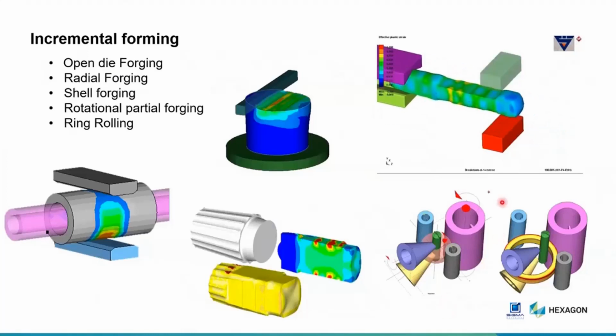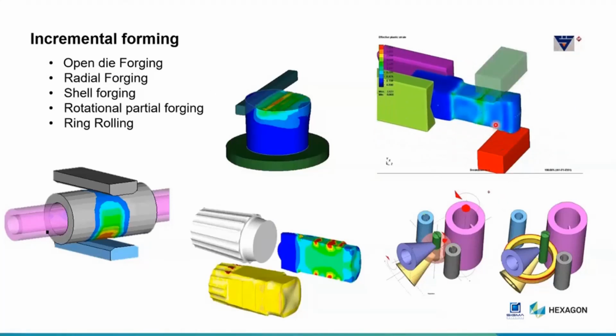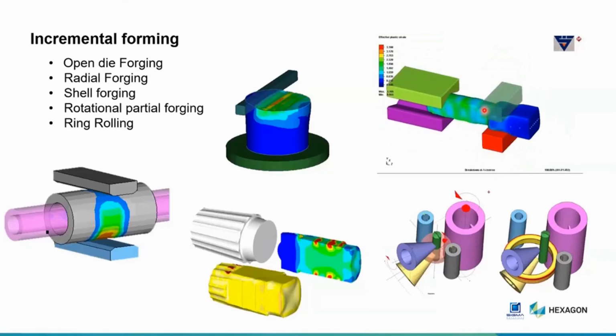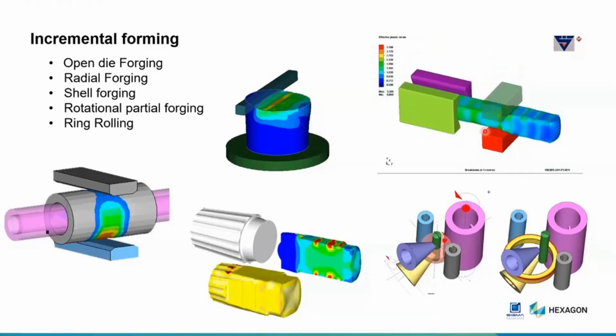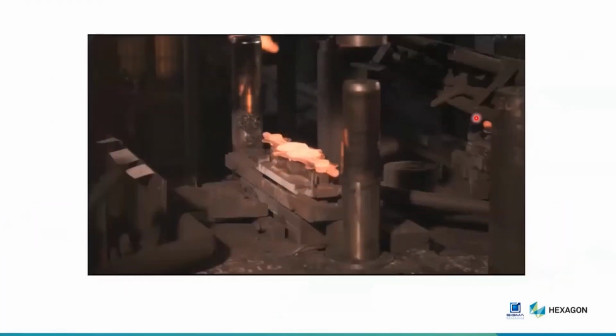For example, if we have a machine capability of 20 tons, how do we use that machine for the given workpiece dimension, or is it really required to use a higher press capacity? All of this can be estimated with the simulation software.